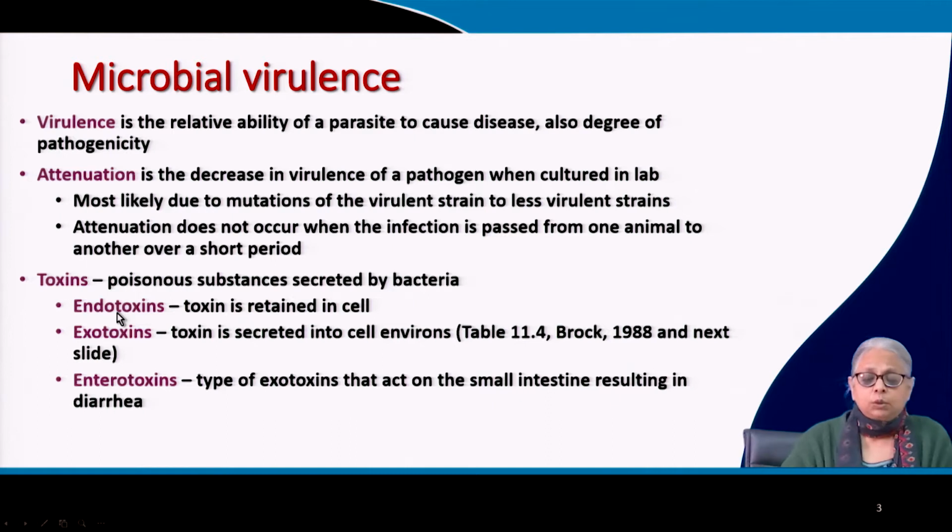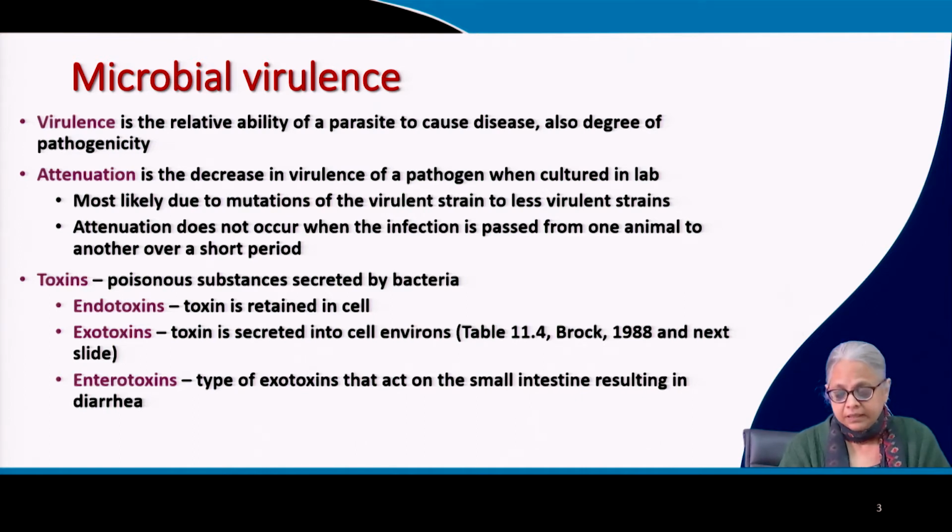Let's also take a look at another issue that is related to pathogenic organisms, and these are toxins. So you have poisonous substances that are secreted. In this case I have written bacteria, but these toxins can be associated with algae. If you remember in one of the initial lectures I mentioned something about red algae.